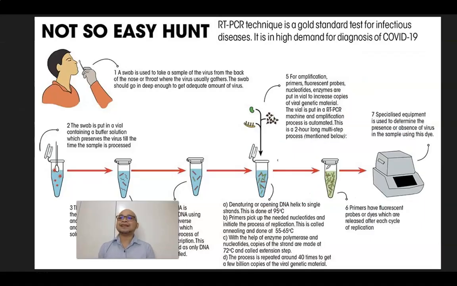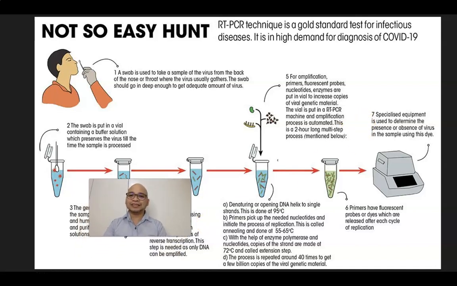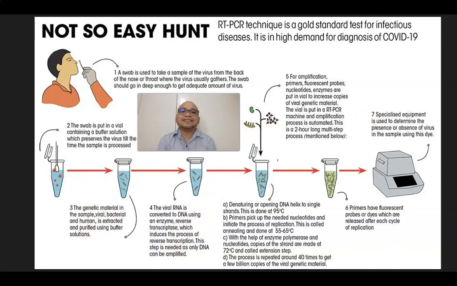Okay, so it is a not so easy hunt. So this is actually the actual process, the RT-PCR technique. Okay, so it is considered as a gold standard for infectious diseases, and it is in high demand for the diagnosis of COVID-19.